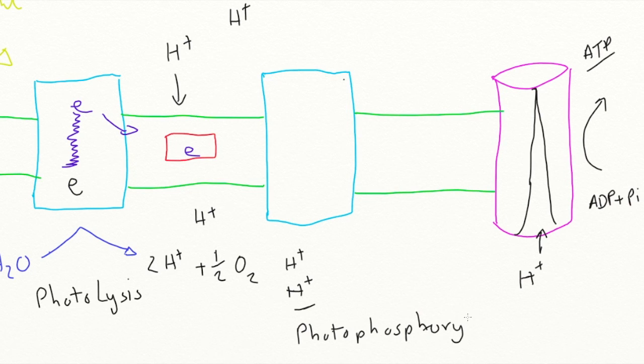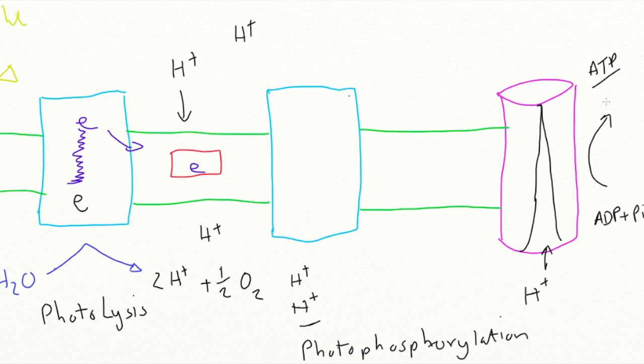Phosphorylation, which means a phosphate is being added using light. Photolysis, the splitting of water with light, and photophosphorylation, the adding of a phosphate. So now, using light, we've got our ATP.